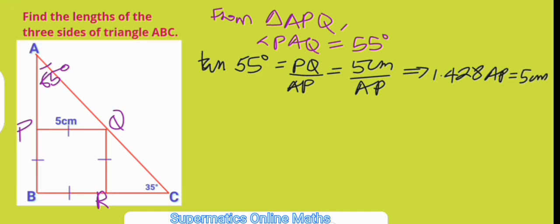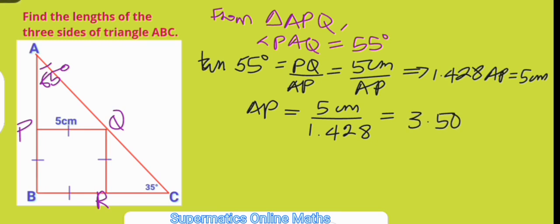And therefore, the length of the side AP of triangle APQ is 5 centimeters divided by 1.428. And this is 3.50 centimeters to three significant figures. It therefore follows that the side AB of the triangle ABC is the sum of the side AP, just calculated, and the side PB.